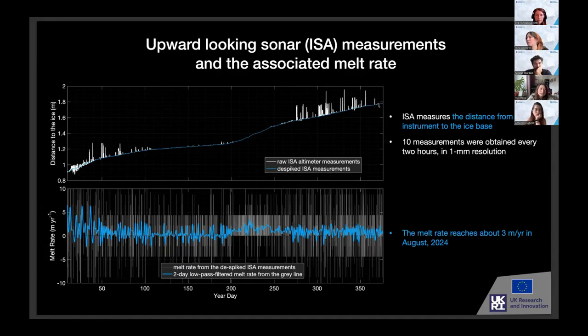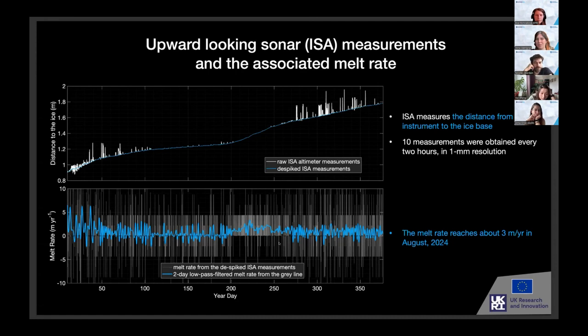And then from this blue line, which is the despiked measurements from our upward-looking sonar, we can get a time derivative to get the melt rate, and then we converted the melt rate to a more universal scale, which is meters per year.